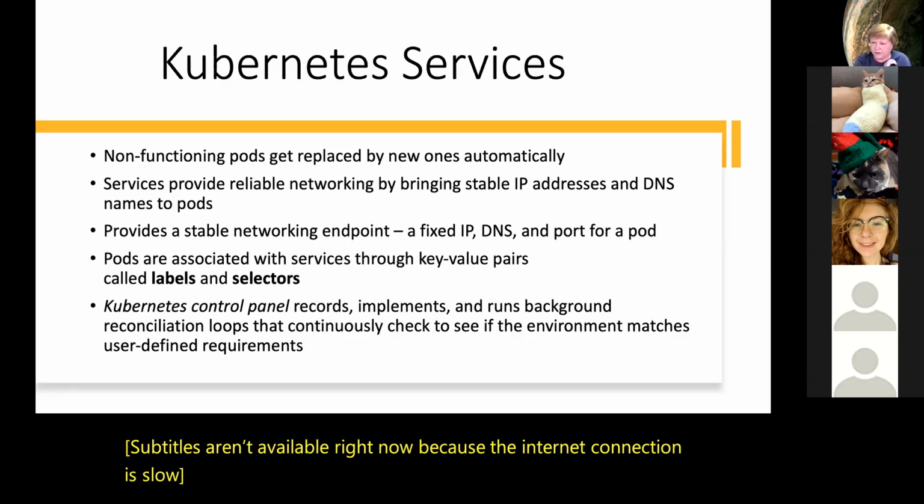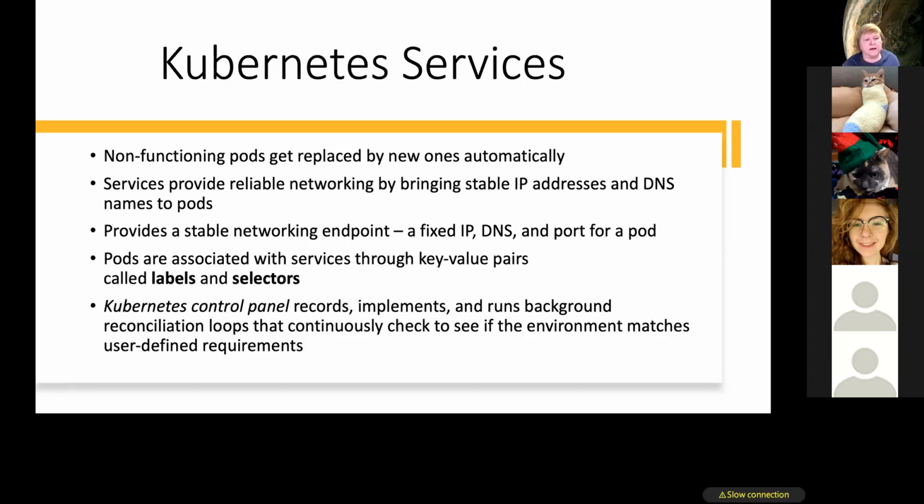All the ports, everything is the same. That is done because the pods are associated with these services through key value pairs. So there are labels and selectors in these pairs, and that is what is kept by the master. The master is keeping track of all of the stability elements for Kubernetes.